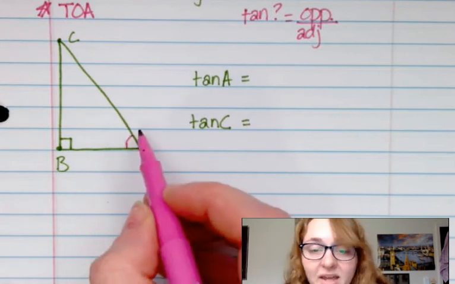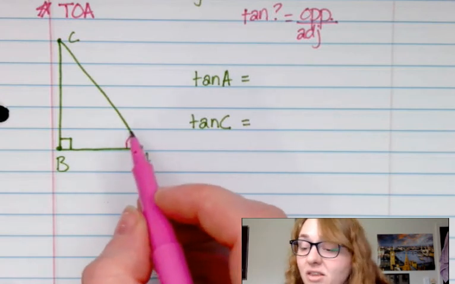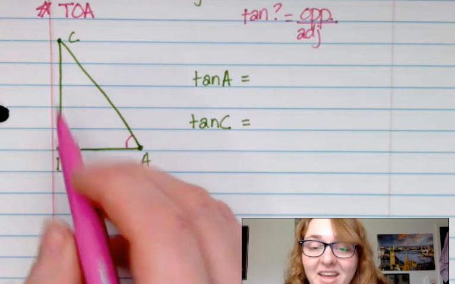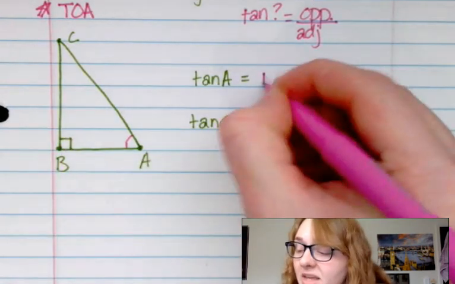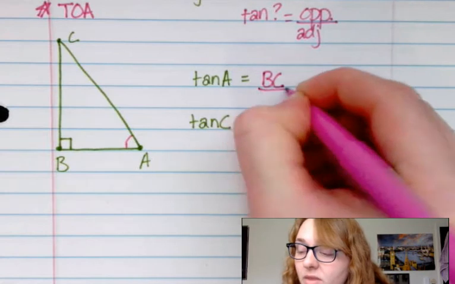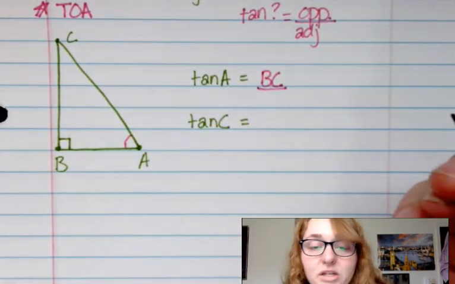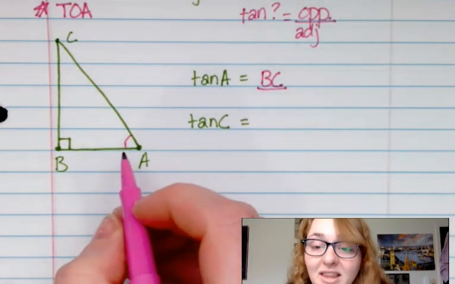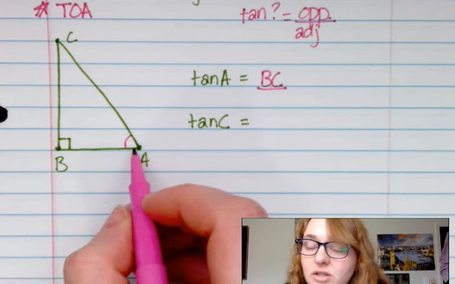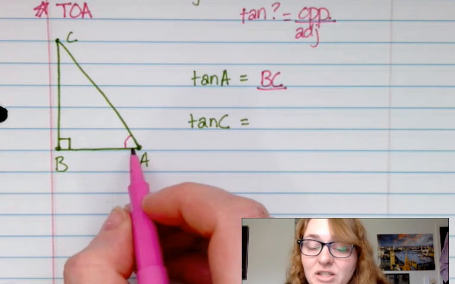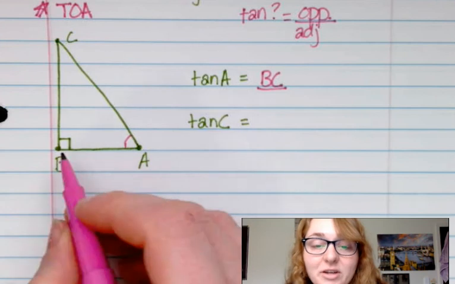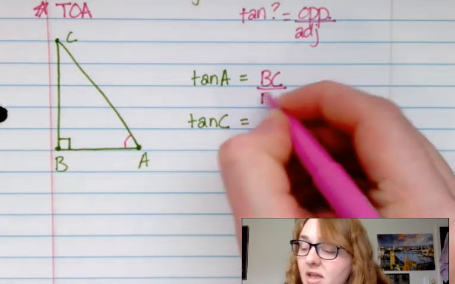So the side that angle A is not touching, its opposite side, the side furthest from angle A, is this one right here, side BC. Over its adjacent side. Again, we're looking at the legs, we're not looking at the hypotenuse. So the side that is adjacent, next to or touching angle A, is going to be this bottom side, BA.